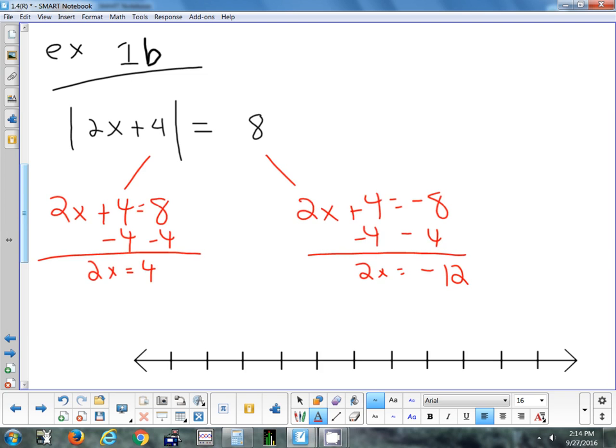Dominic, last step in both. Not yet? One more thing. We're going to do one more thing first. I got 2x equals 4 and 2x equals negative 12. What do I have to do?